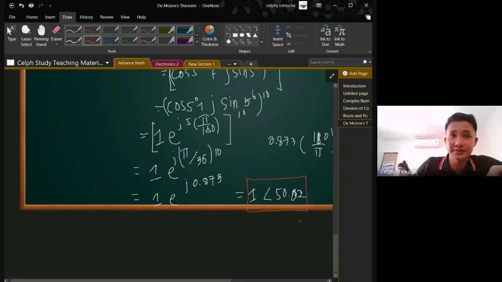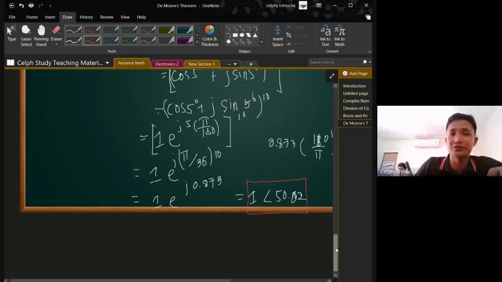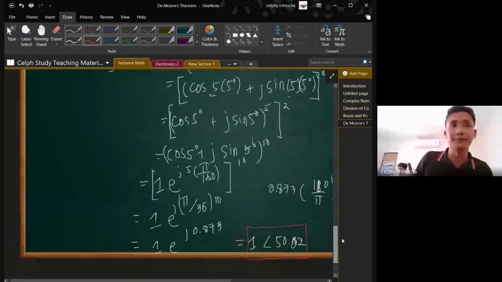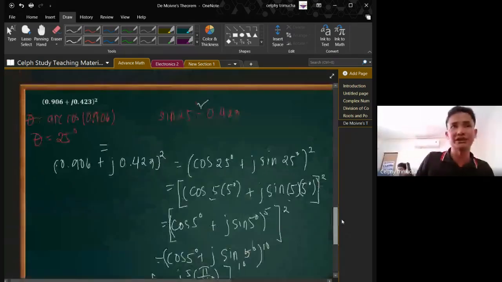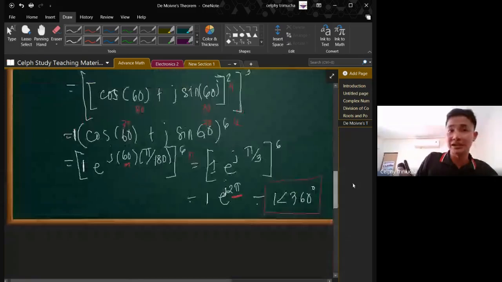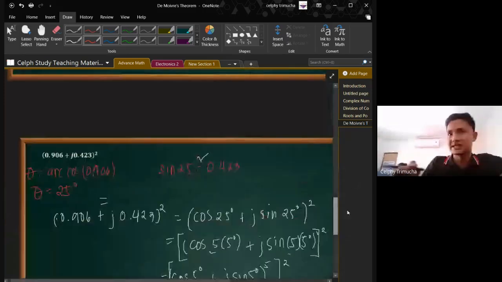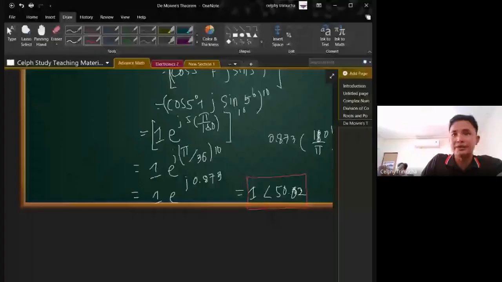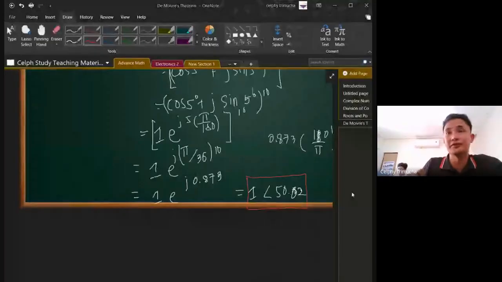At the start it seemed a bit difficult to solve using a different lesson, but by continuing with the process for De Moivre's theorem, it becomes easy. I will be giving sets of problems you can practice so you can practice how to solve using De Moivre's theorem.